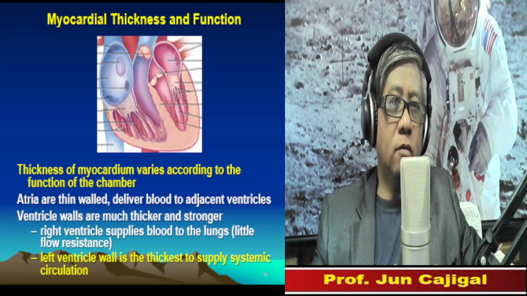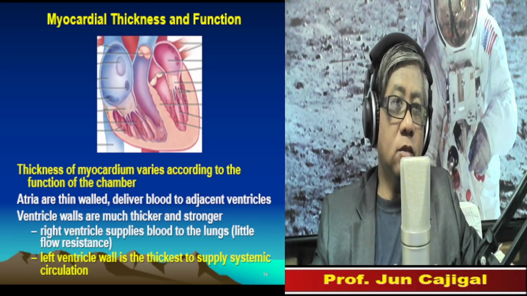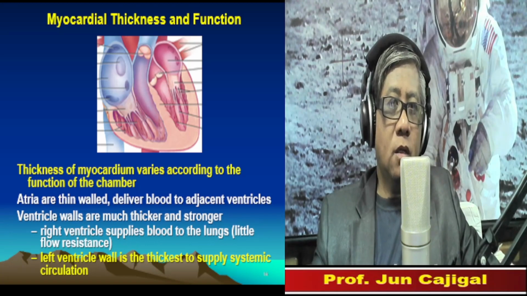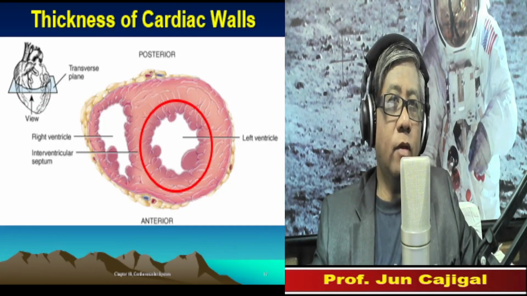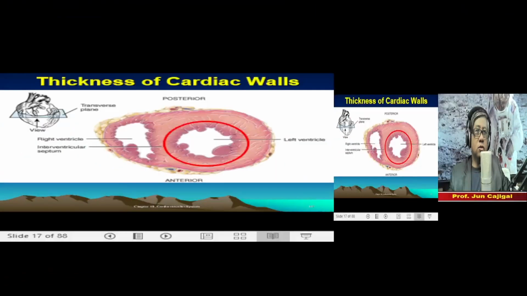Now, the right ventricle supplies blood to the lungs, and the left ventricle supplies blood to the systemic circulation. This is the reason why the left ventricular wall, or the myocardium of the left ventricle, is much thicker as compared to the right ventricle, as you could see here in this illustration.